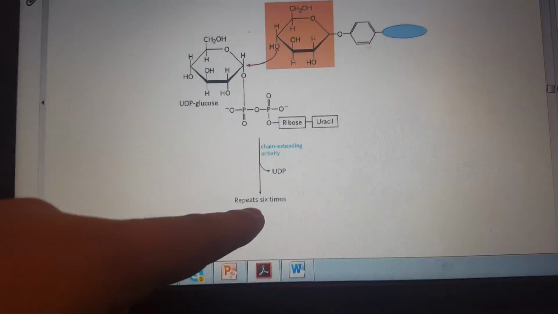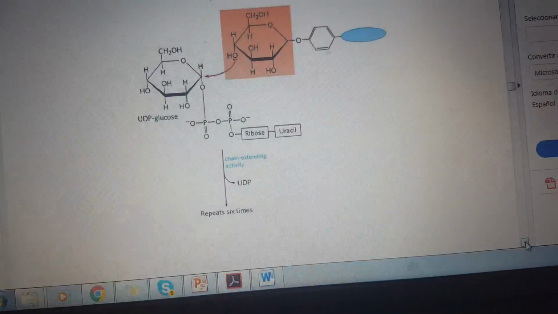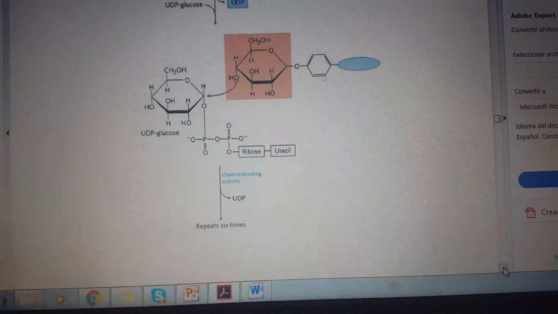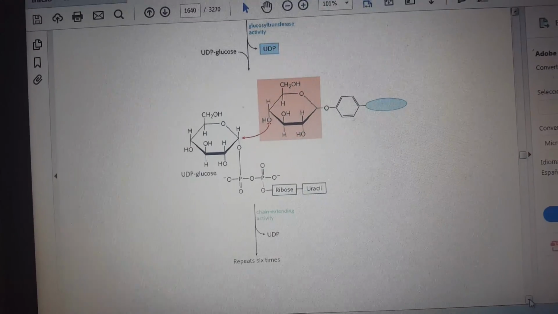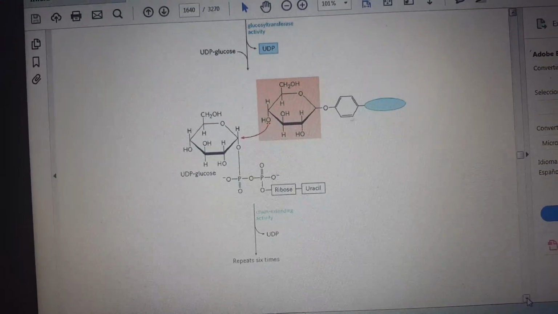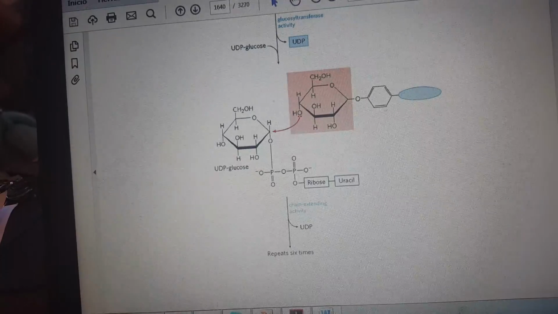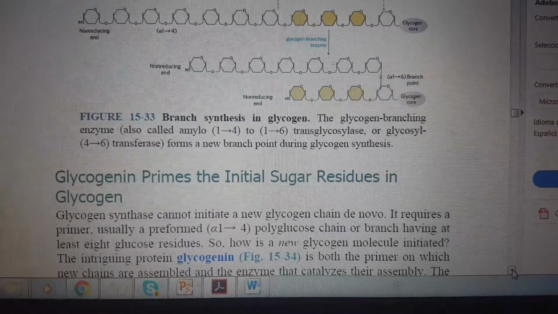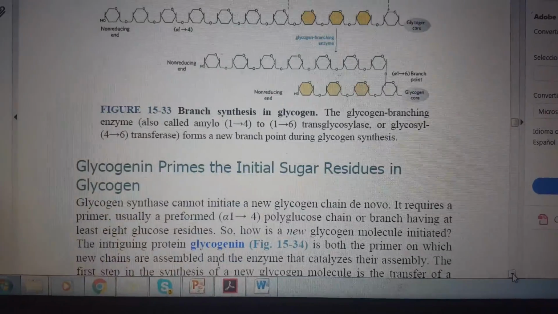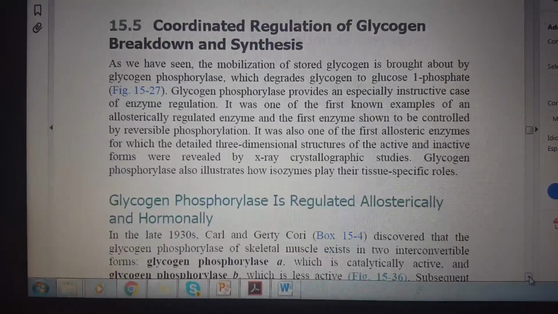We're going to add 6 more to have the 8 residues, and then glycogenin is going to be separated from this fragment, and the synthesis of glycogen by glycogen synthase is going to be initiated to form the branches and the transfer of fragments, etc. Basically, that is glycogen synthesis. Thank you.